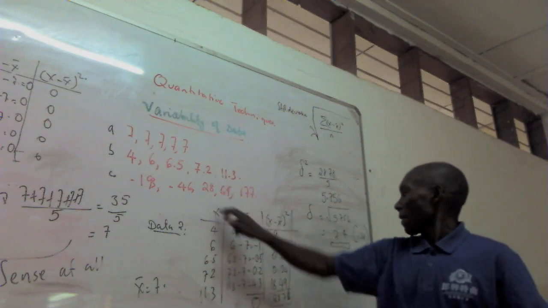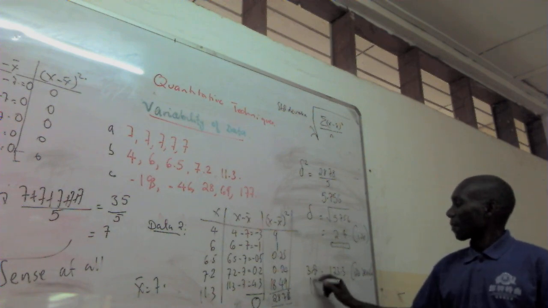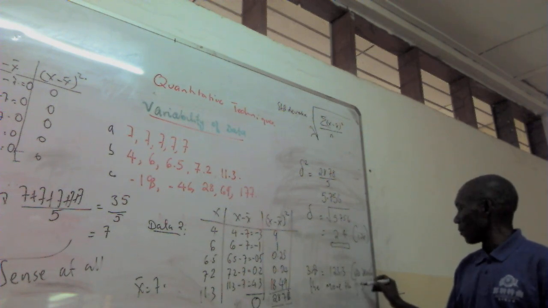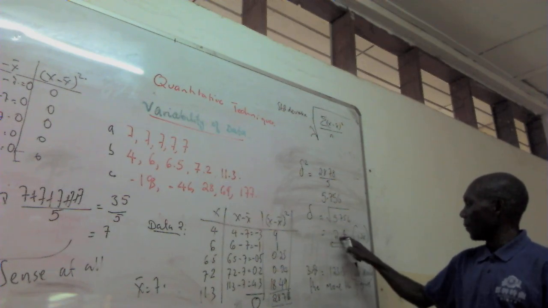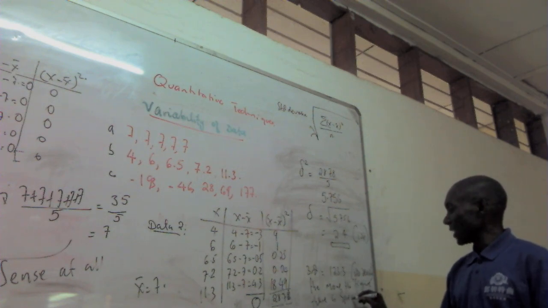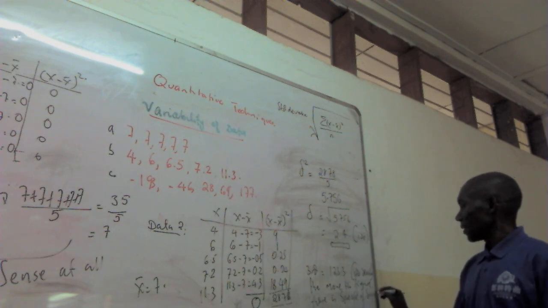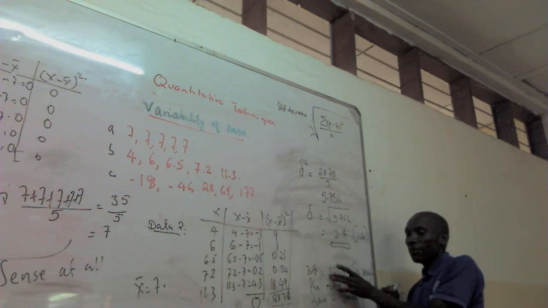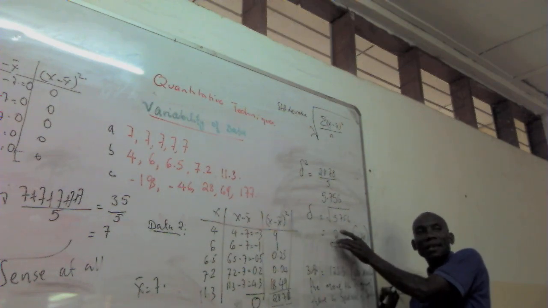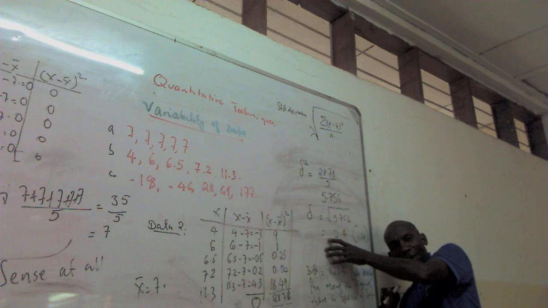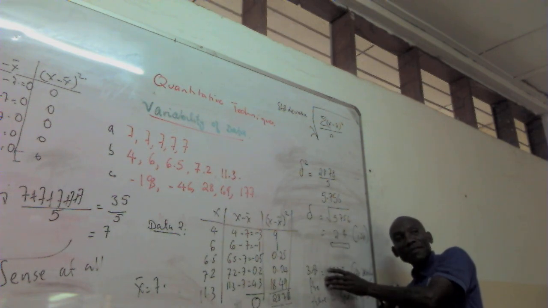For 0, there is no spread of data. Here, spread of data is there but not much. Here, spread of data is there but very much.